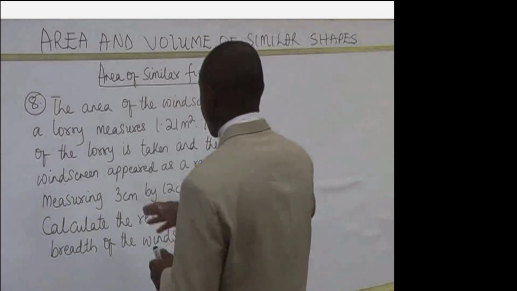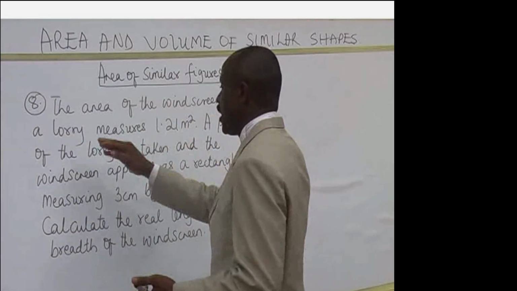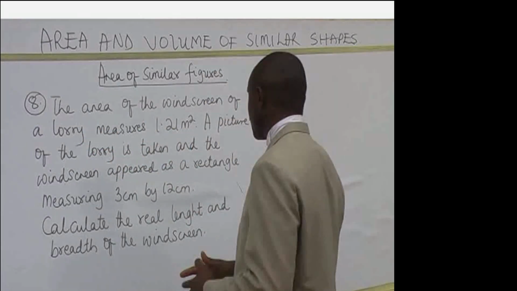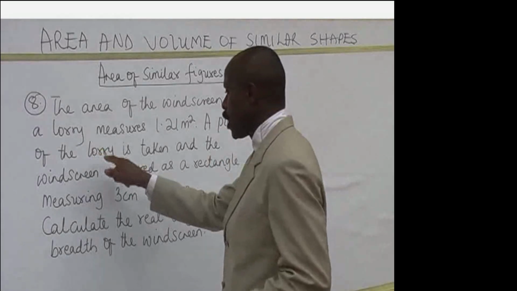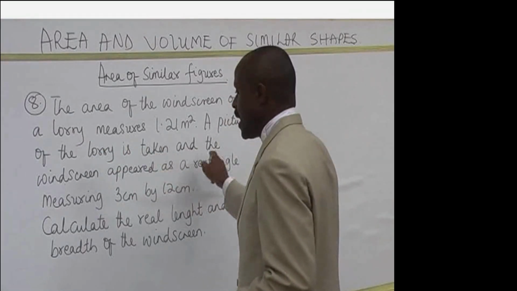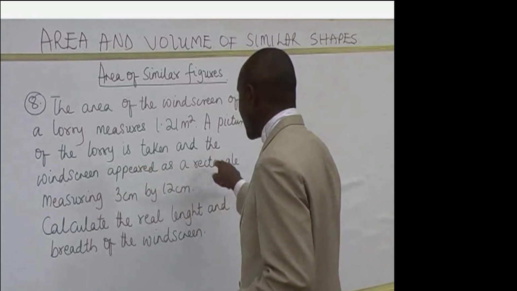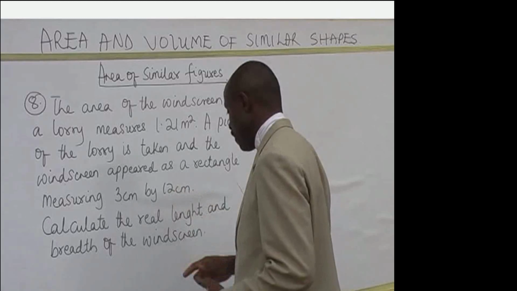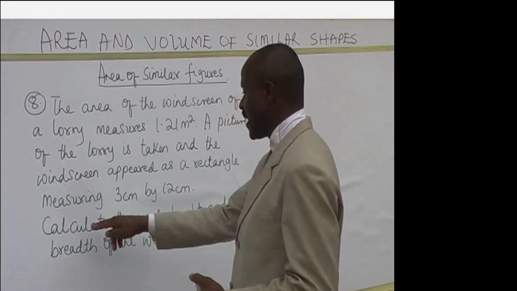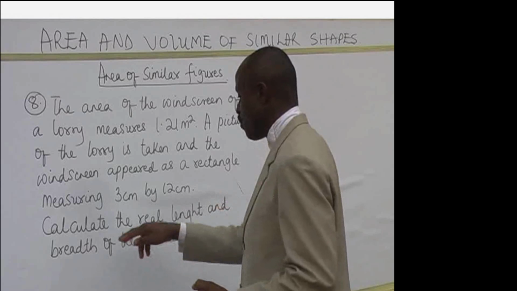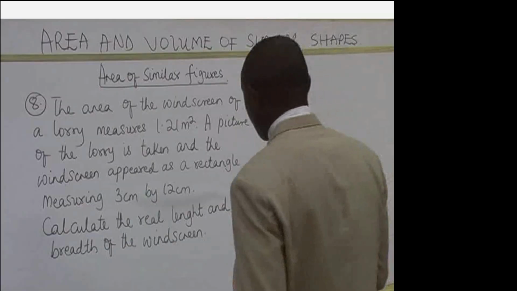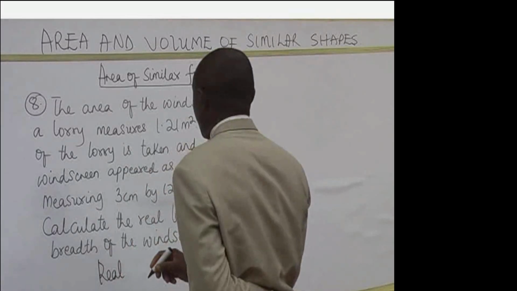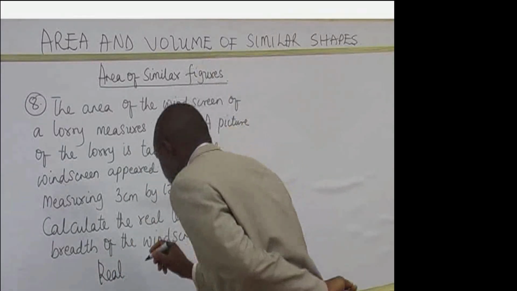Question number 8 says that the area of the windscreen of a lorry measures 1.21 meters squared. A picture of the lorry is taken, and the windscreen appeared as a rectangle measuring 3 cm by 12 cm. We should calculate the real length and breadth of the windscreen. Let's start with the real area of the windscreen.